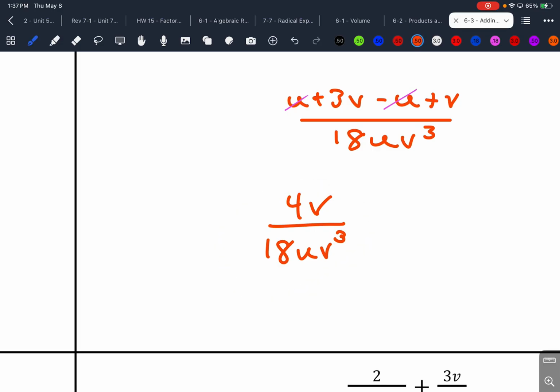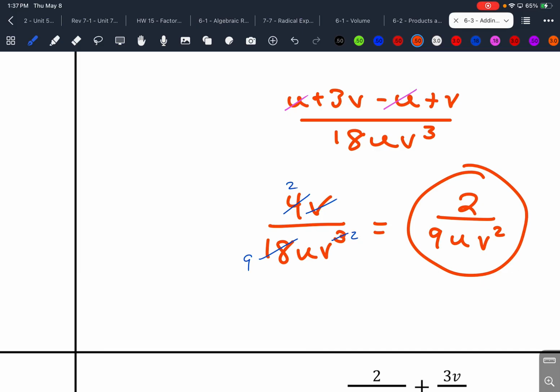But now there's all multiplication and division, so we can do this. So if we divide by 2, this becomes a 2 and this becomes a 9. This v and v cubed, v over v cubed is v squared on the bottom. And so this is 2 over 9uv squared.